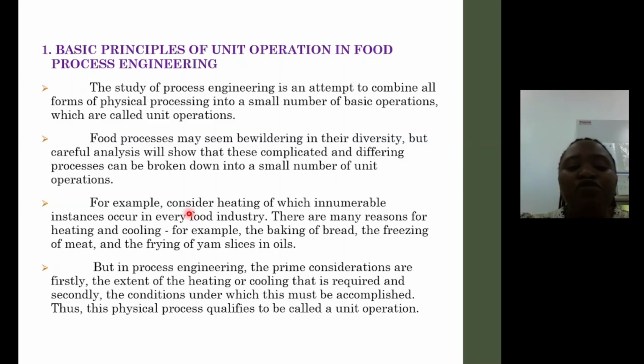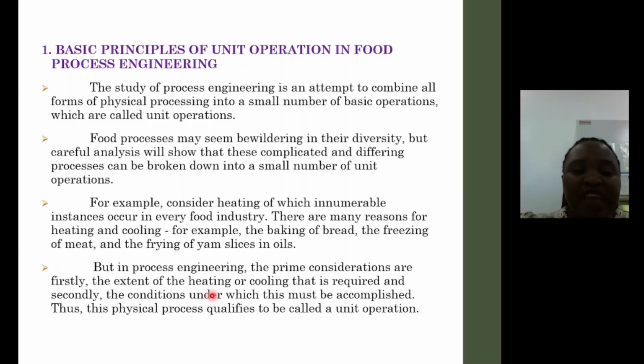We normally have innumerable instances where we have to do heating in the food industry. There are many reasons for heating and also cooling. For example, maybe you want to bake bread, you are freezing meat and food, you are frying yam slices in oils, etc. But in process engineering, the prime consideration will be, first, the extent of heat or cooling that is required.